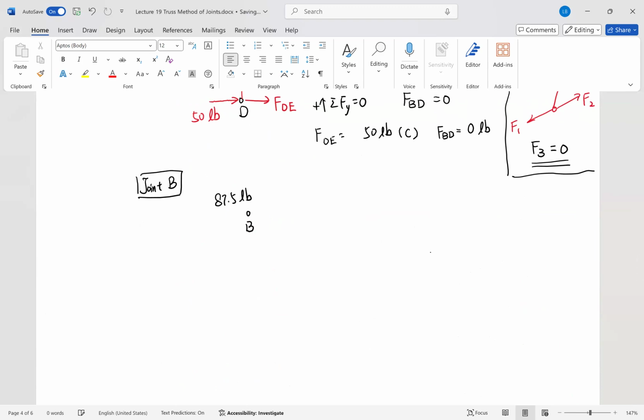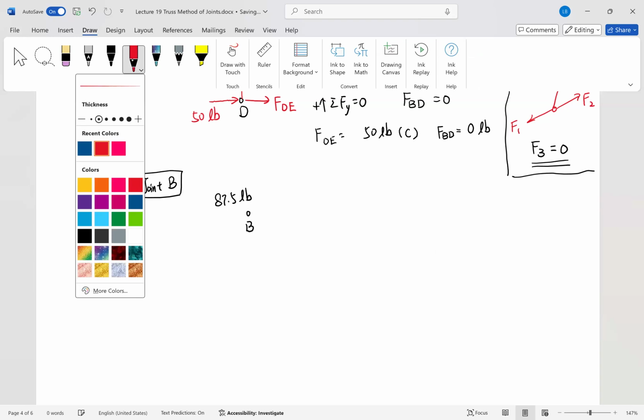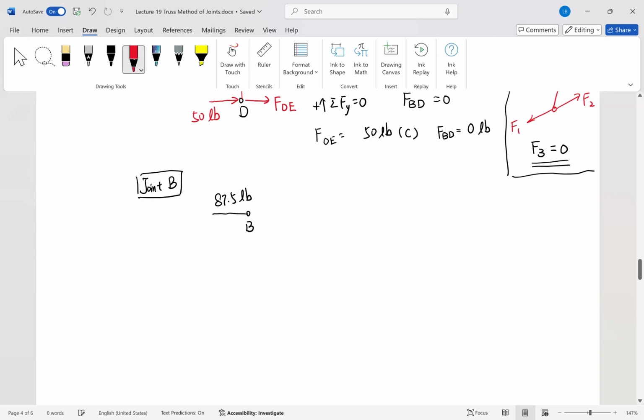So it is going away from my joint. We use consistent units here.